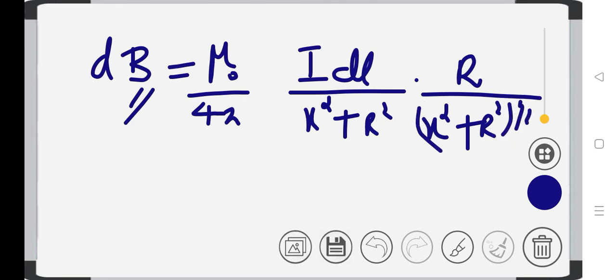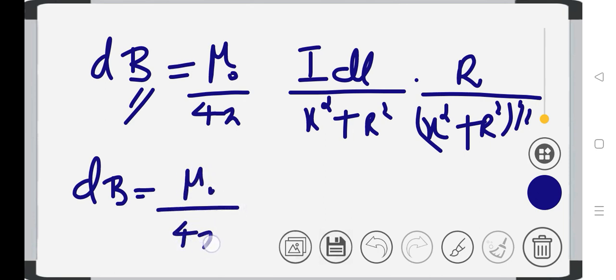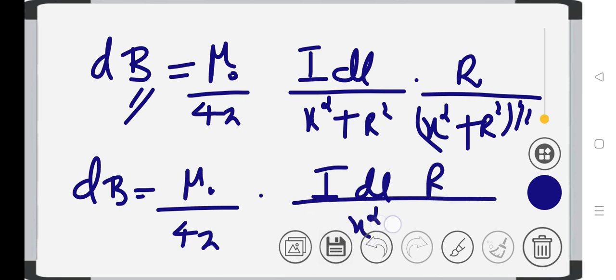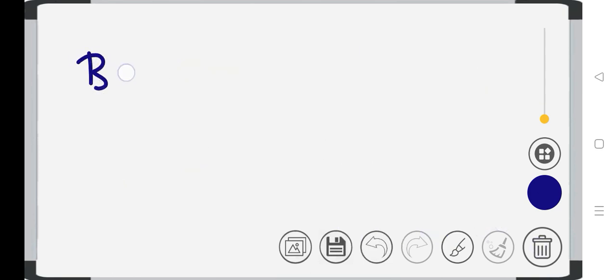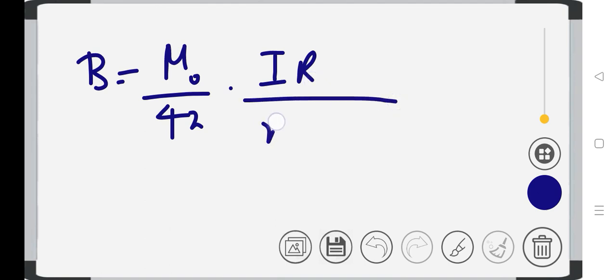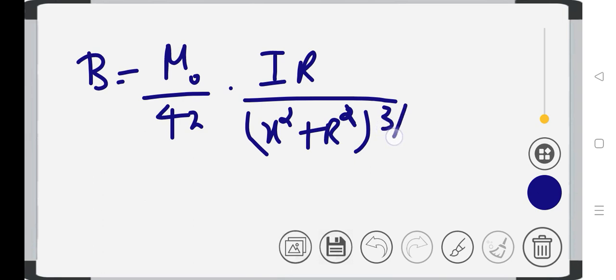So we get dB equal to mu 0 by 4 pi into I dl r by (x square plus r square) whole raised to 3 by 2. Then B equal to mu 0 by 4 pi into I r by (x square plus r square) whole raised to 3 by 2, integral dl, which is 2 pi r, since we are integrating around that circular loop.